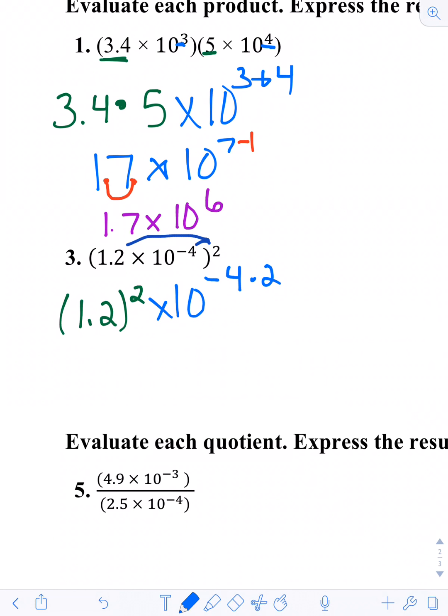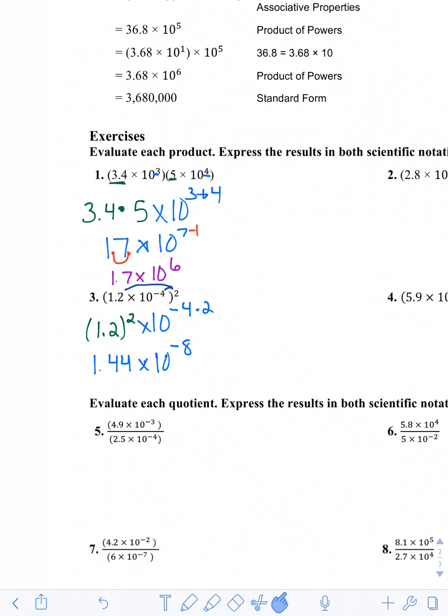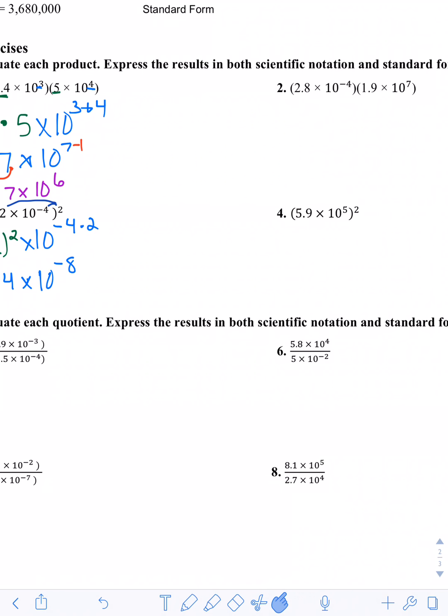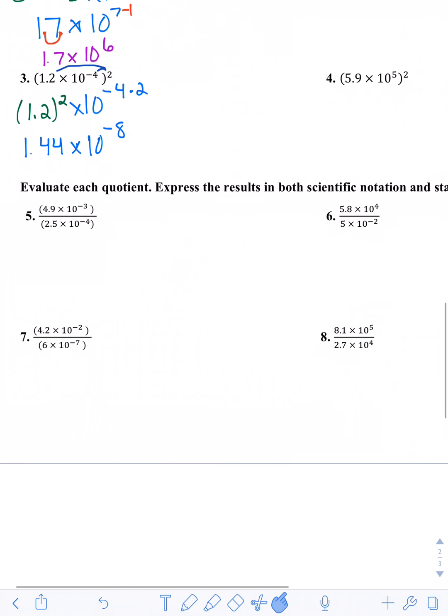So 1.2 squared gives us 1.44 times 10 to the negative 4 times 2, which is negative 8. And again, there's only one number in front of the decimal, so this is an okay answer. All right, and so number 2 is just like 1, 4 is just like 3.